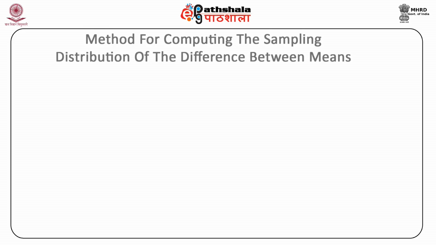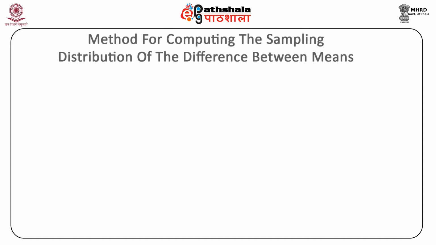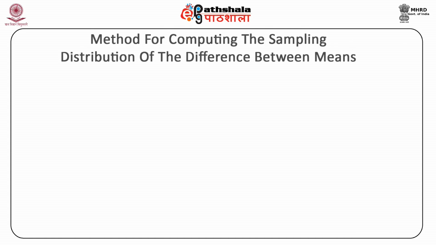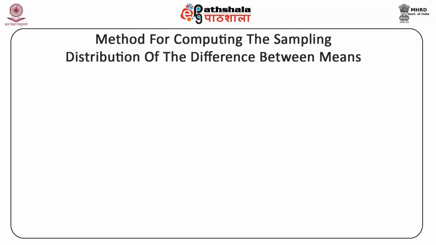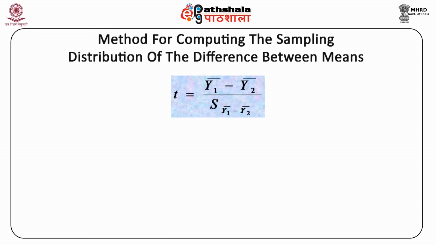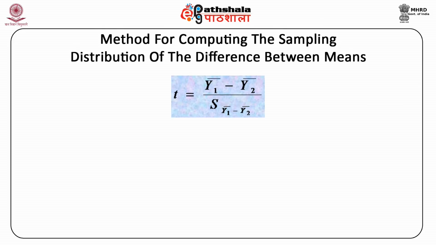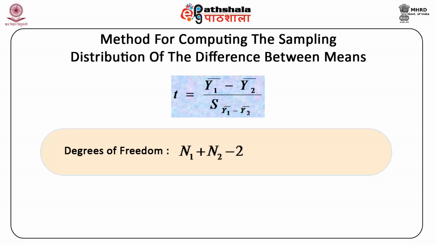The formula for the obtained T for a difference between means test is T equal to y1 bar minus y2 bar upon the standard error S(y1 bar minus y2 bar). We also need to calculate the degrees of freedom for the difference between sample means.